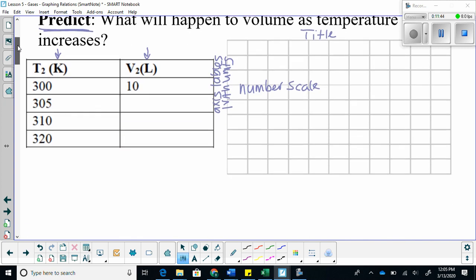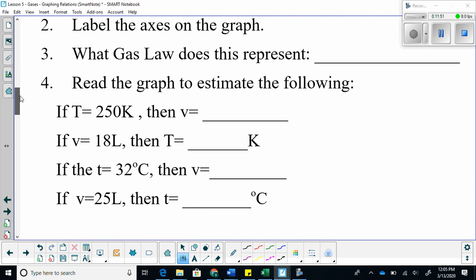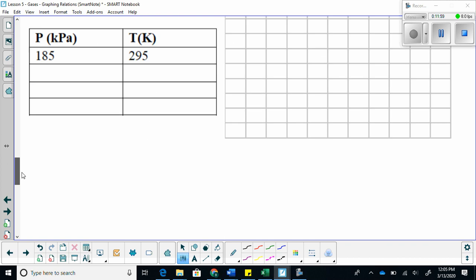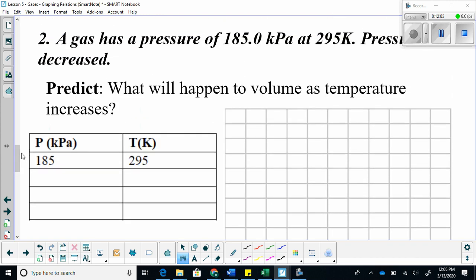Okay, there's graph number one. Then same thing, you will identify your manipulated, responding, controlled variables, label the axes on each graph, and what gas law does this represent? And then you will go forward and read the graph as well and estimate the following values. For this last one, the table is kind of blank for you.